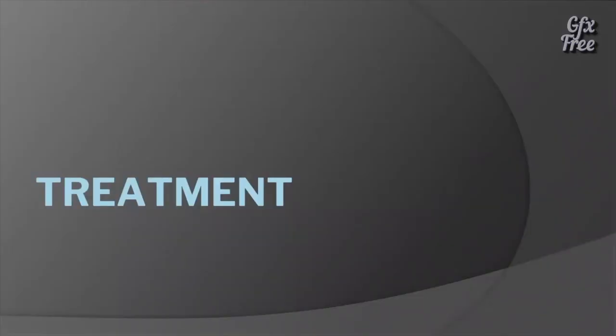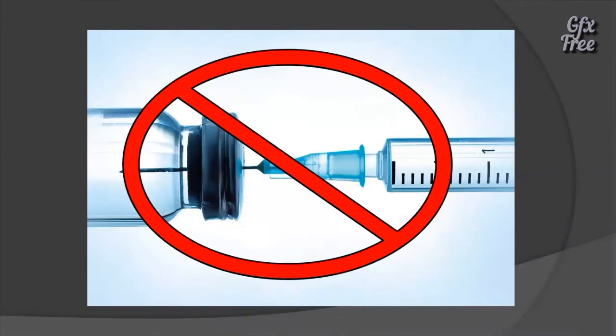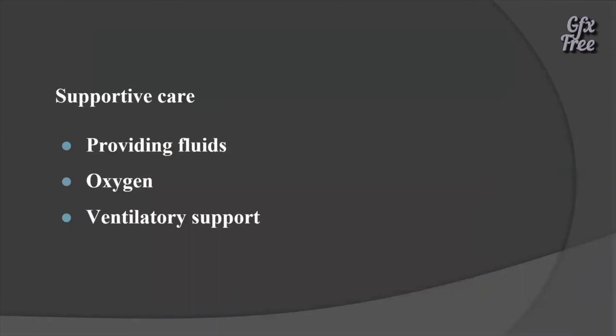Treatment for COVID-19. There is no specific antiviral treatment and there are no vaccines recommended or currently available for COVID-19. Supportive care can be given by providing fluids, oxygen, and other ventilatory support, and the treatment is also symptomatic.